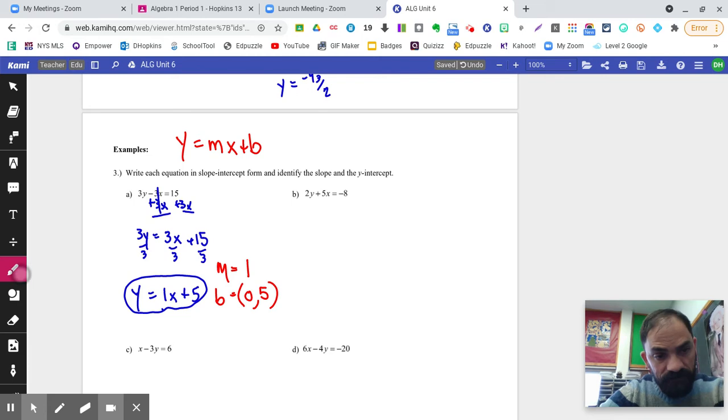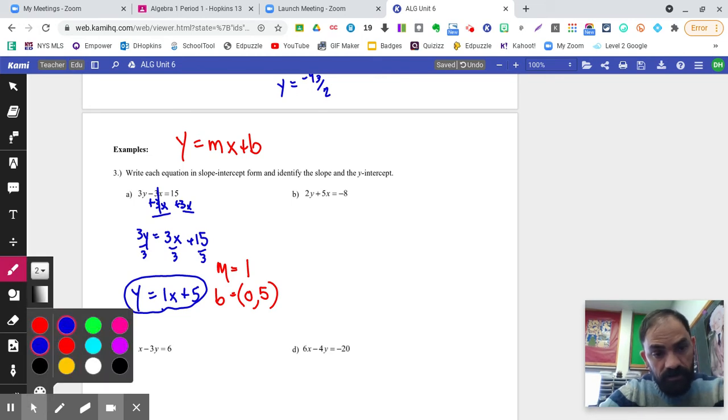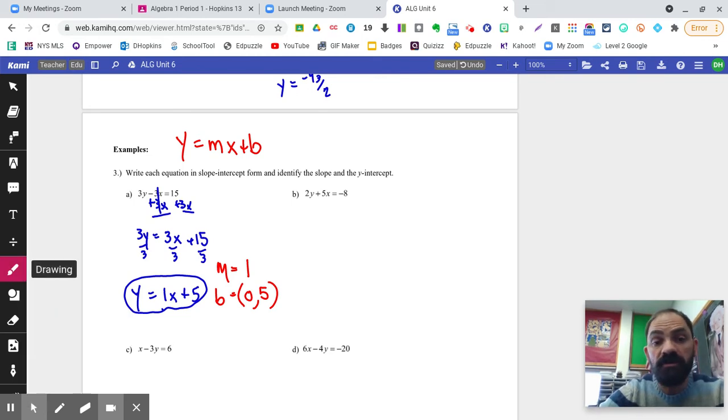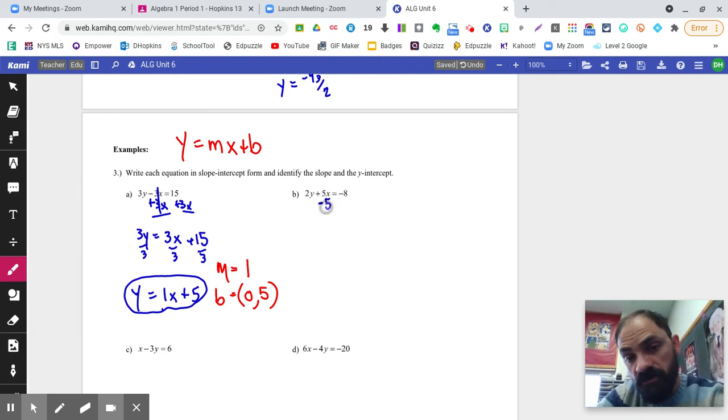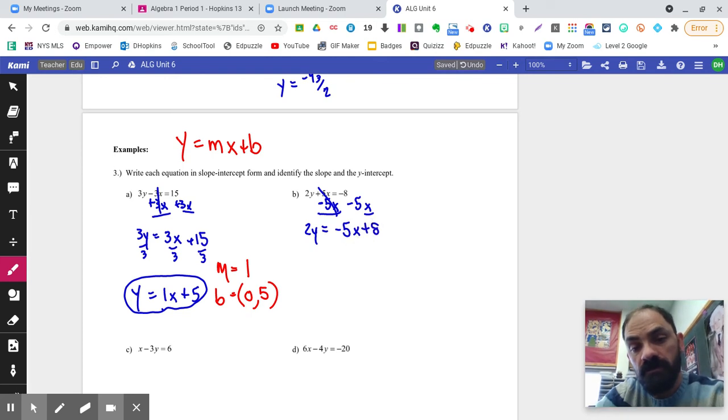Okay, part B. Before we can determine the slope and y-intercept, you have to get y by itself. So once again, let's get rid of what's not attached to it. So let's subtract 5x. And then we'll divide everything by 2.